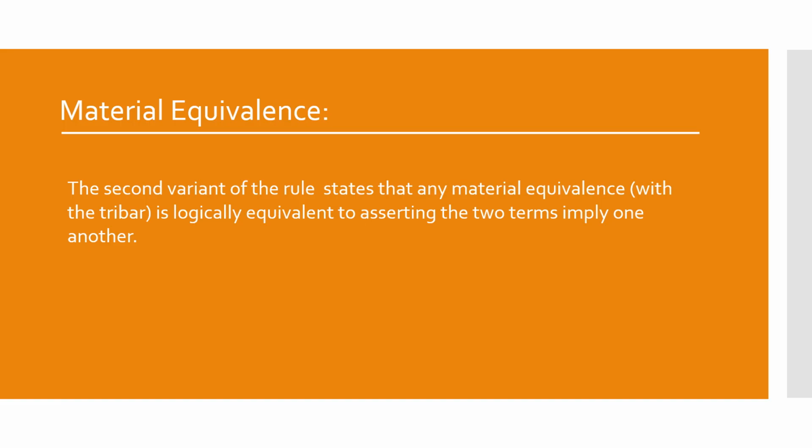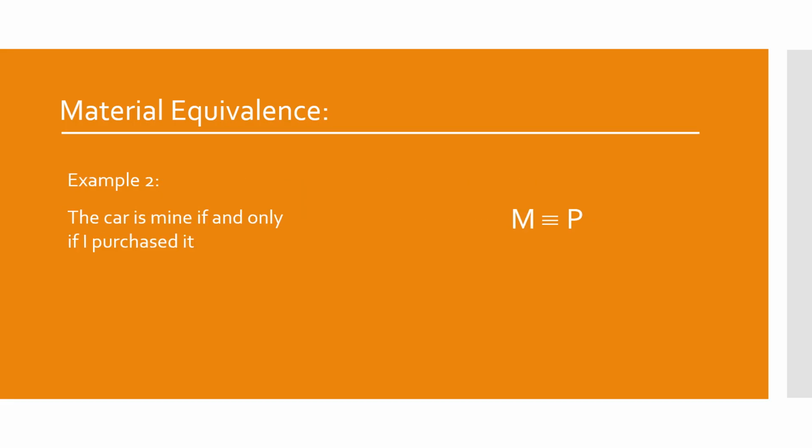Now, the second variant of the rule states that any material equivalence, that is anything we're using the tribar with, the if and only if, is logically equivalent to asserting the two terms imply one another. And we can see what this means if we just go back to the original biconditional statement we're using, which is the car is mine if and only if I purchased it.